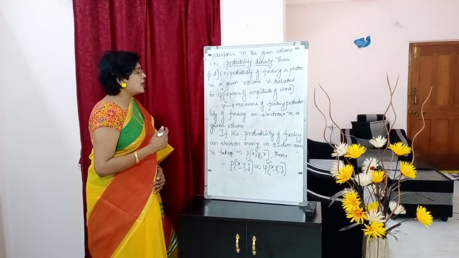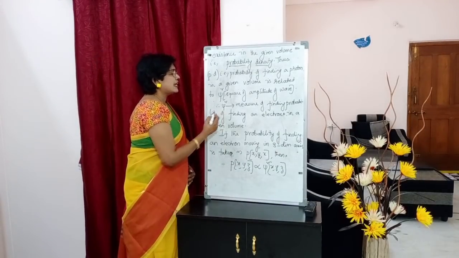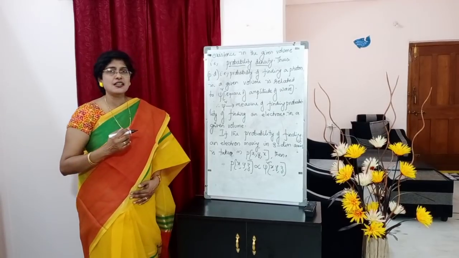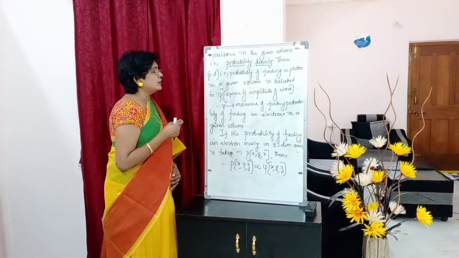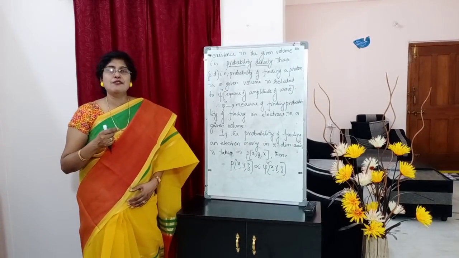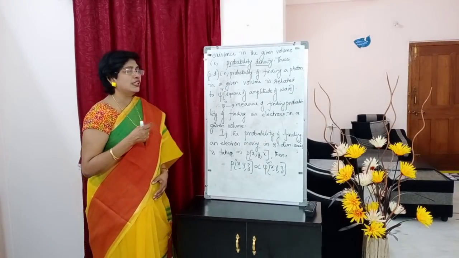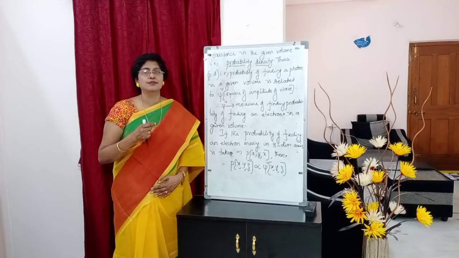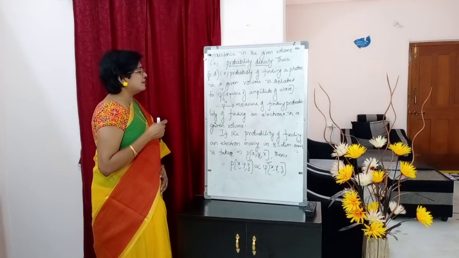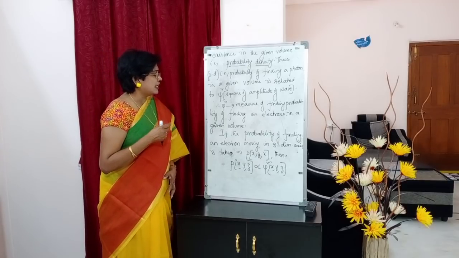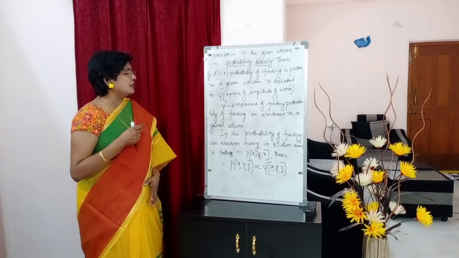Okay. So now below write down. Therefore, psi square is the measure of probability of finding an electron in a given volume.